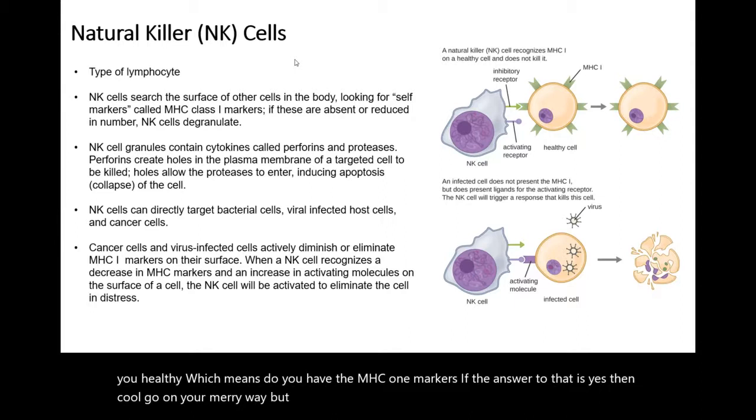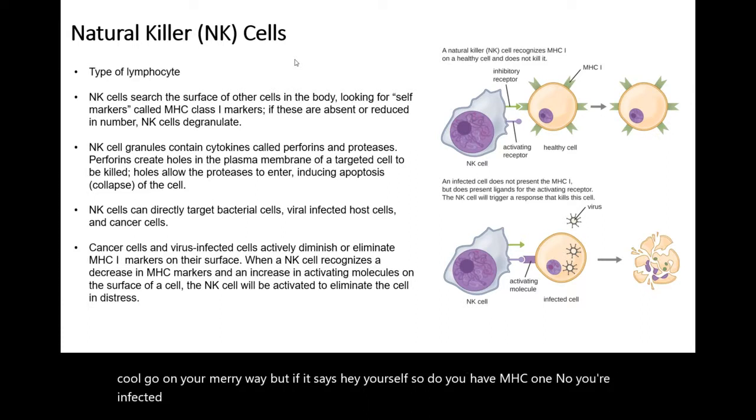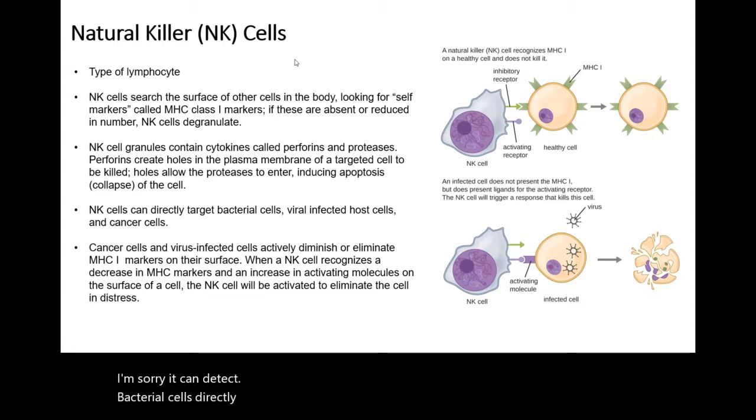But if it says, oh, hey, you're a self cell, do you have MHC1? No. Uh-oh, you're infected and must be destroyed. Okay, so that's what we're looking at here. So it can detect bacterial cells directly, but also cells infected by a virus and cancer cells.